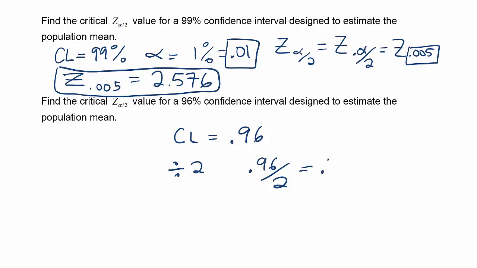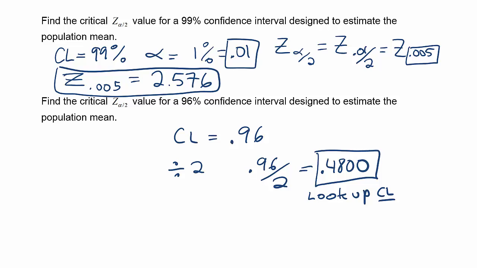I get the answer 0.4800. And then I'll look it up on my z-chart to find the corresponding z-score that's associated with it. So we look up the confidence level divided by 2 on the z-chart, and that will solve the problem for us. It'll give us the critical value we need, at least to 2 decimal places.